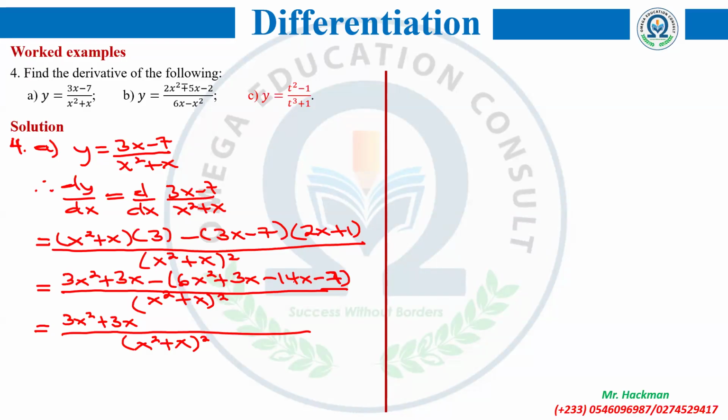In my mind, I combine these, and I know that this will give me minus 11x. Do you agree? So I'm going to get minus 6x squared. Then minus times minus 11x will give me plus 11x. After I have combined these two, push the negative through. Then minus times minus 7 gives me plus 7.